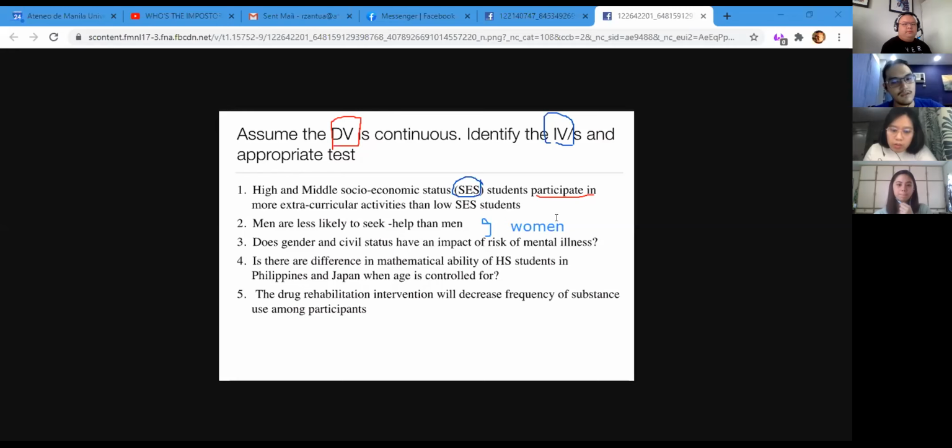Number 5. The IV is frequency of substance. Sorry, what is our IV? The intervention, drug rehabilitation intervention. Frequency of substance use is yung DV natin. DV. IV is participants.